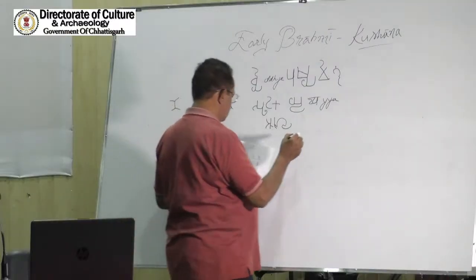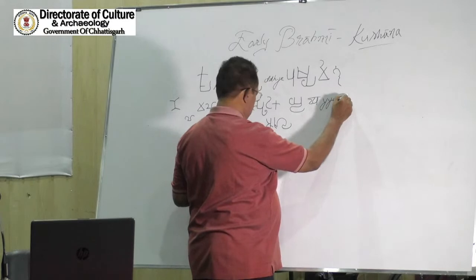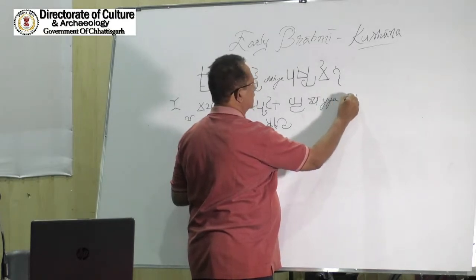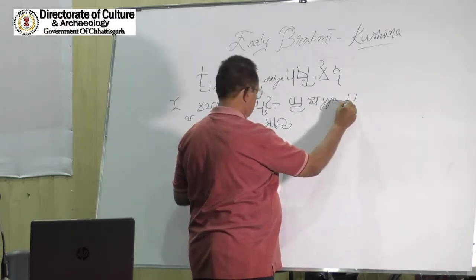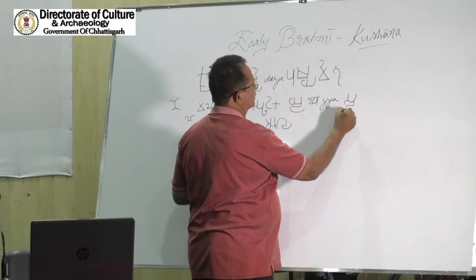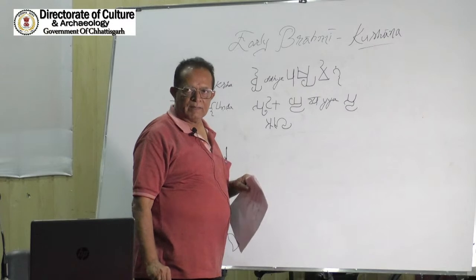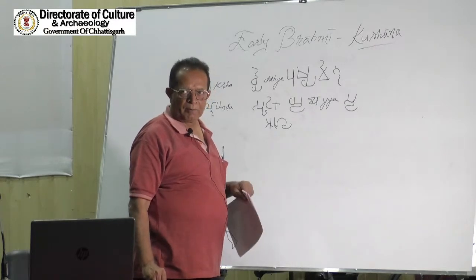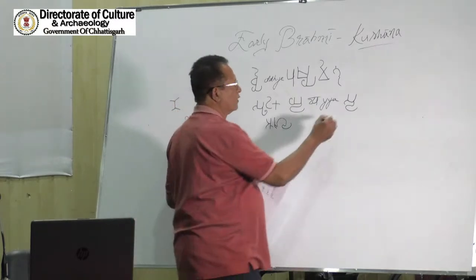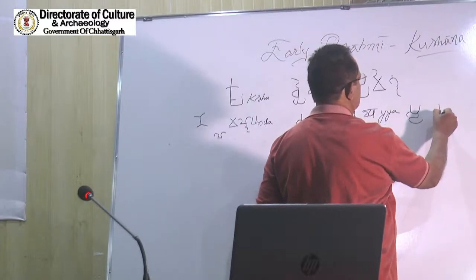Gya and Sya. Many times it comes here. It is Sya plus Ya, Sya. Simple. I told this will come in both ways. Either it can be bipartite or tripartite. Both are there.